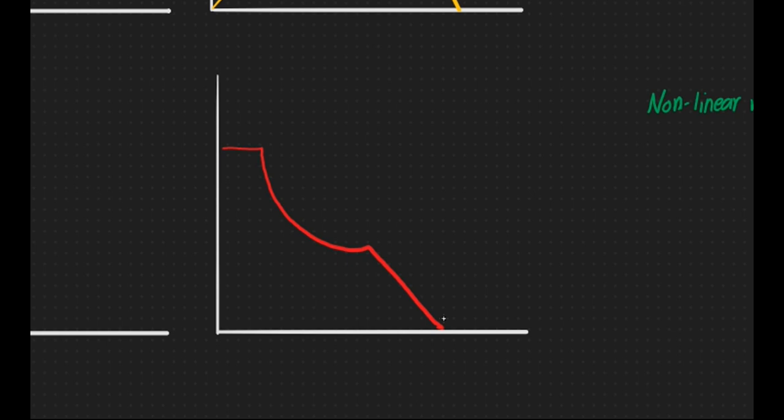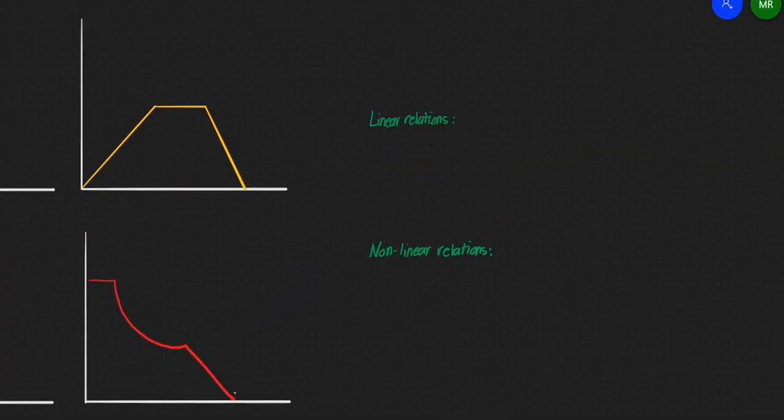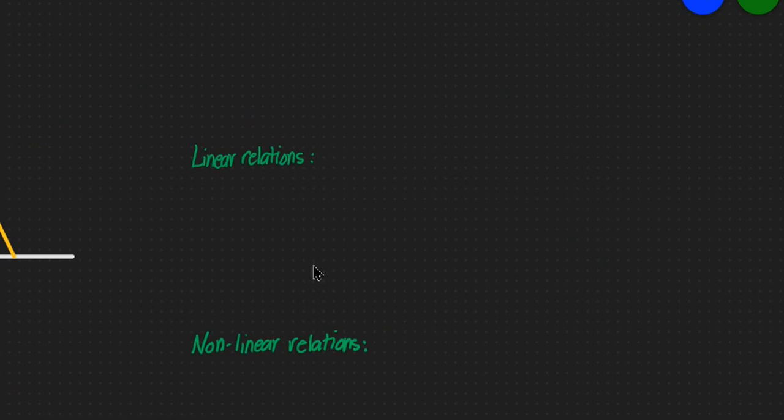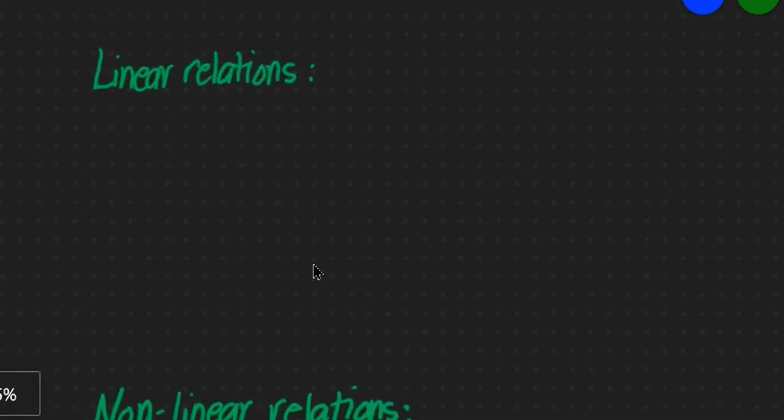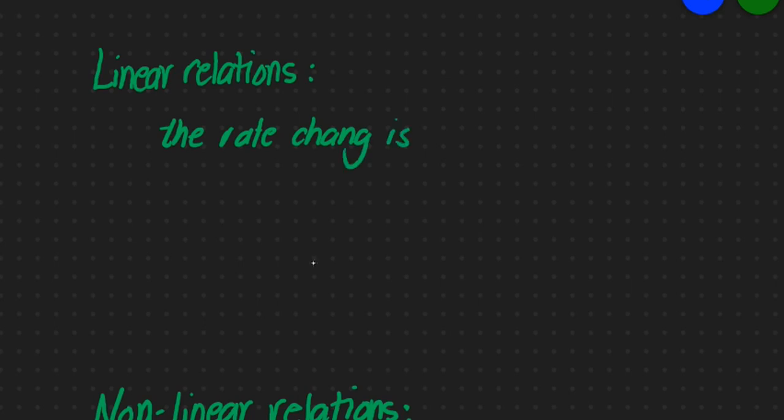So a linear relationship is one where the rate of change is the same over time.